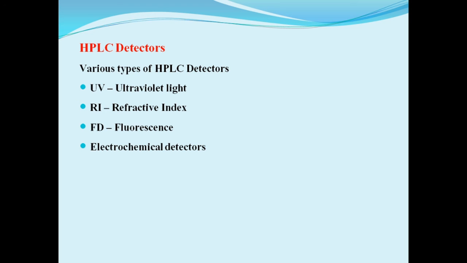Next important type of HPLC detector is the fluorescence detector. Principle: fluorescent compound present in mobile phase is detected by passing the column eluent through a cell irradiated with ultraviolet light and measuring any resultant fluorescent radiation. Very sensitive and selective.